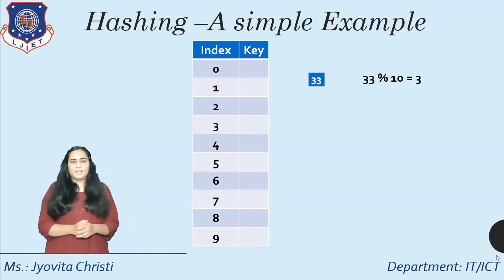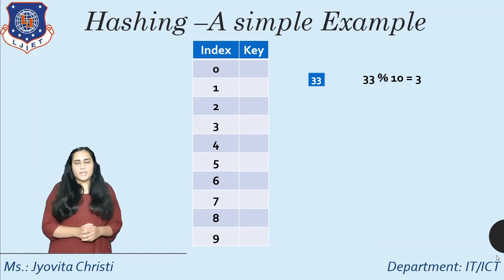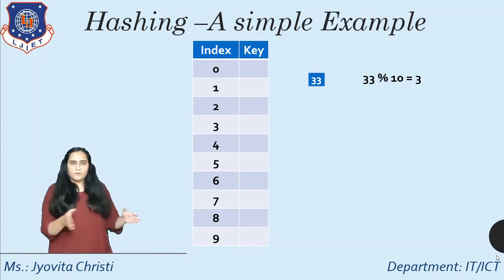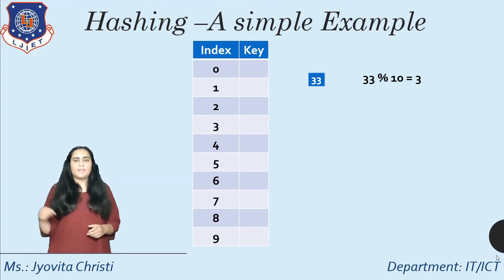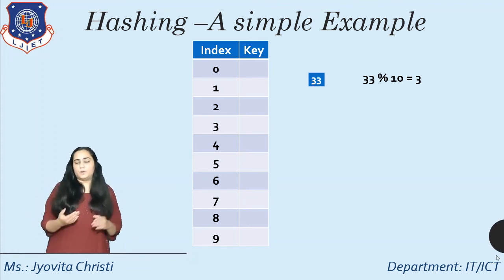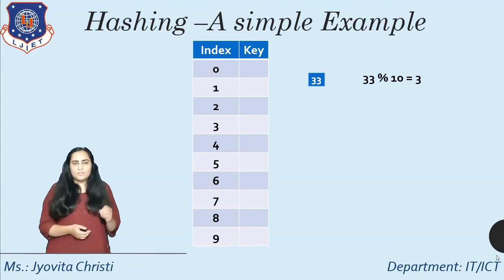So let's say that I have a key 33. That was in my previous set of keys that I showed you. So if I have a key 33, it is going to be divided by 10. That means not divided but modulo 10. So 33 divided by 10, the remainder is 3. So 3 is my answer.